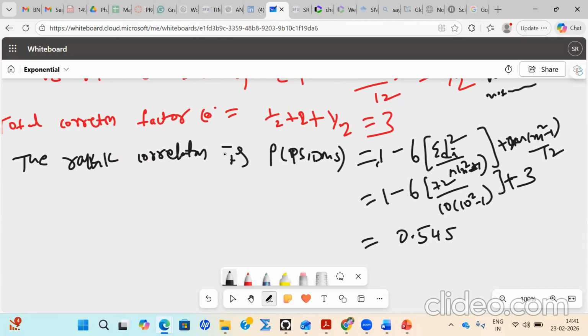So this is how we calculate for repeated rank correlation. Any doubt in this as of now? Clear. So try this problem. I'll give you one more problem.